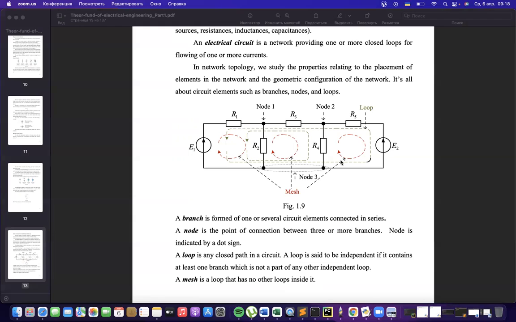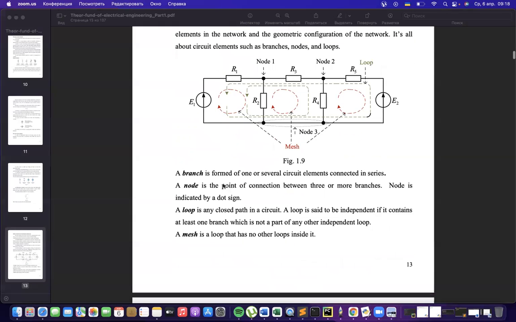The topological elements we will speak of are branch, node, and mesh, because somehow we should describe an electrical circuit. That is why we should use some topological names to describe it.